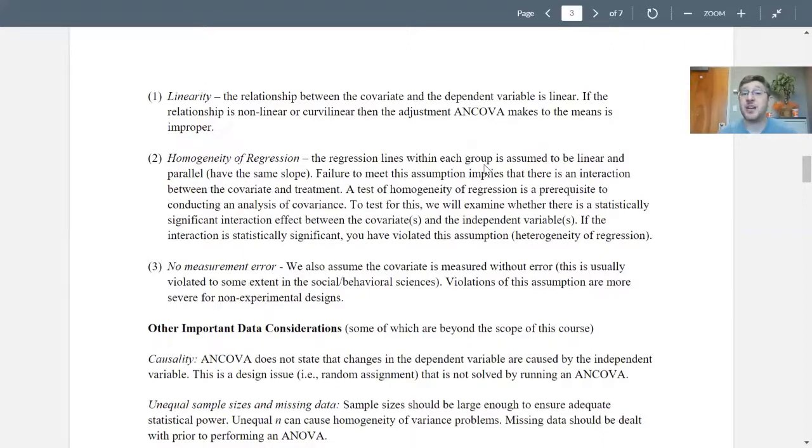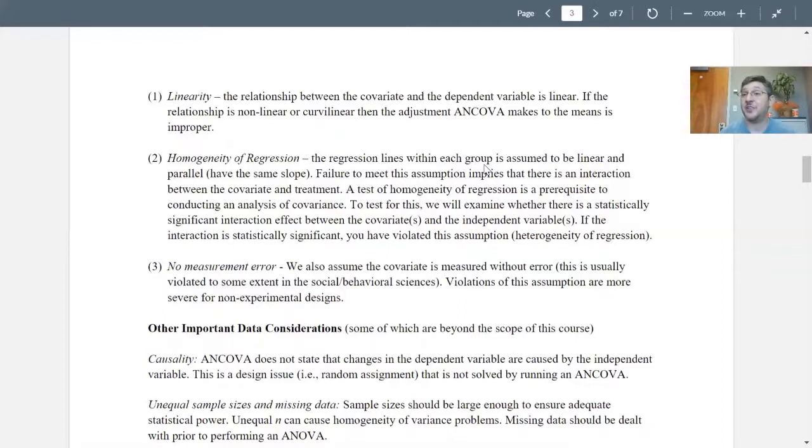Testing for homogeneity of regression is sort of a prerequisite to conduct an analysis of covariance. If we fail this test, then we don't need to do the analysis of covariance. So we're going to check this. We're just going to build an ANOVA model that includes our independent variable, our covariate, and an interaction term between the independent variable and covariate.